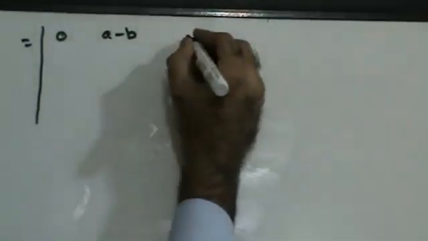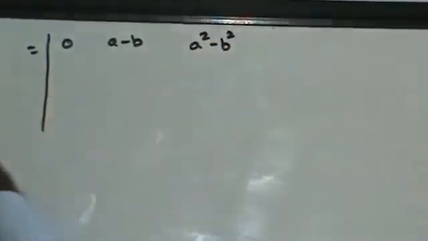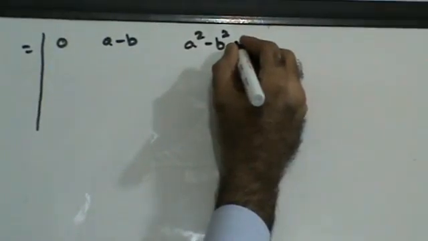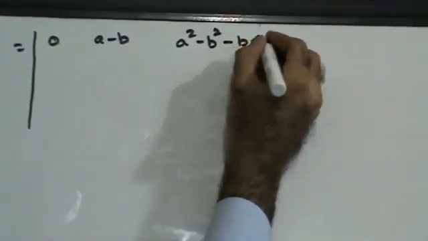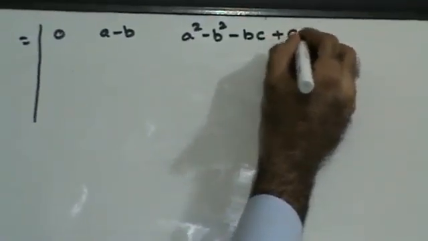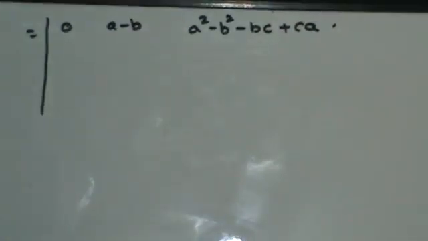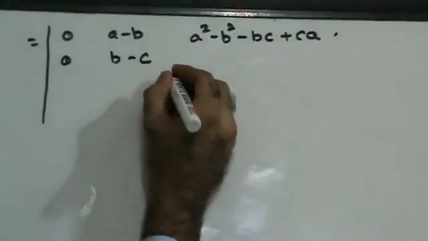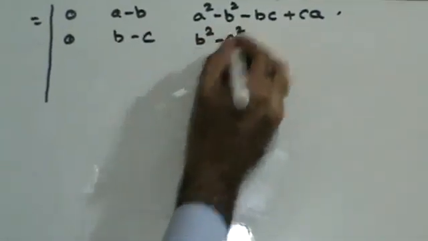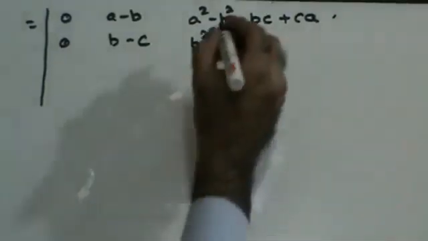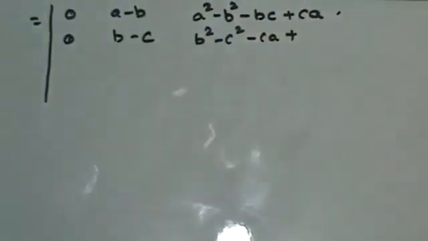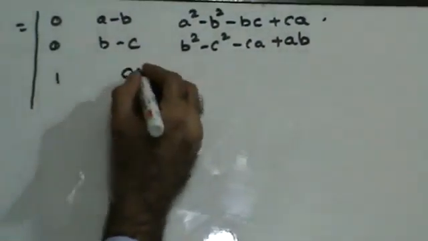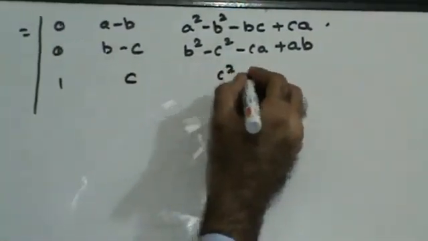This is nothing but a square minus b square plus minus bc plus ca. I'm rearranging the terms. This is 0, b minus c, b square minus c square minus ca plus ab, and this is going to be 1, c and c square minus ab.